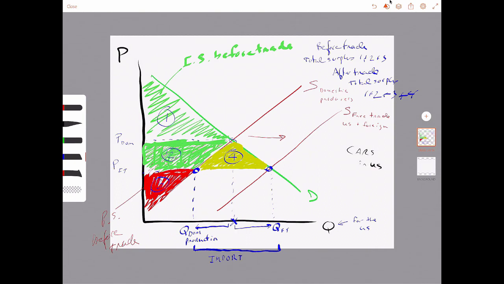That gap is filled by imports. So foreign companies are producing cars, selling them in the United States, which causes the price to go down for consumers, which causes the U.S. macroeconomy to have more surplus, more value created. So at the macro level, this is good. But at the micro level, those producers are not happy.